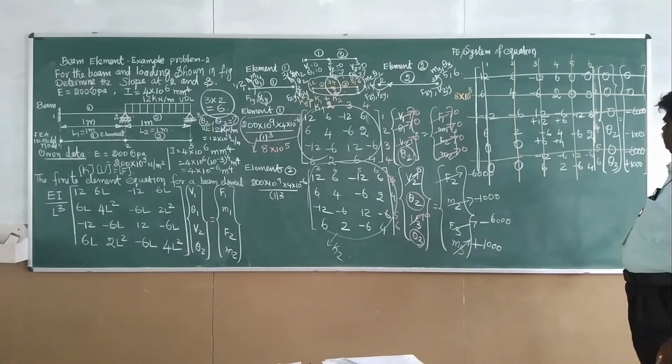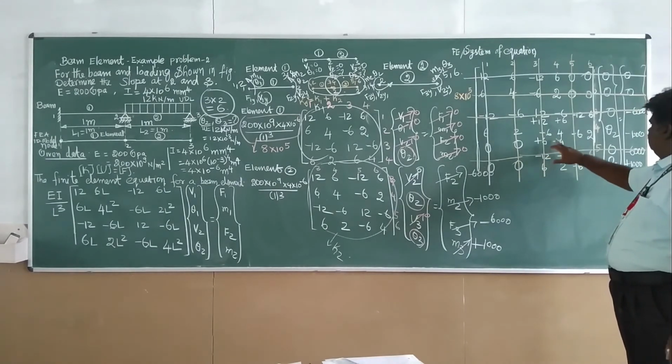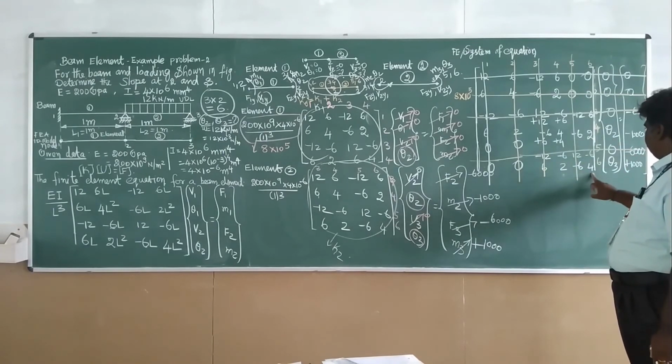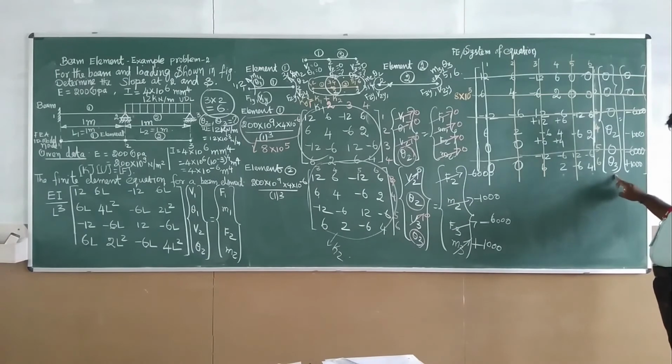So actually we have to consider 4 plus 4, 8, then 2, then 2, then 4, then theta 2 and theta 3.